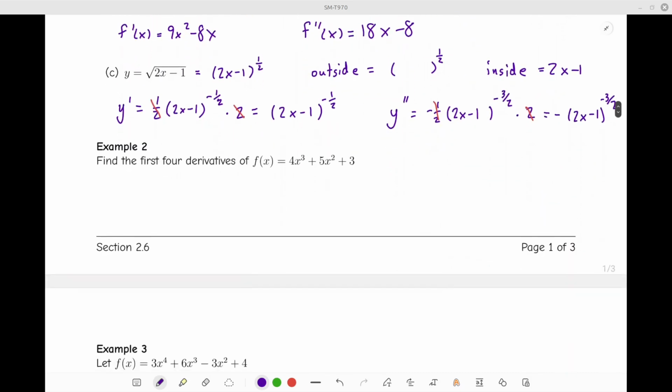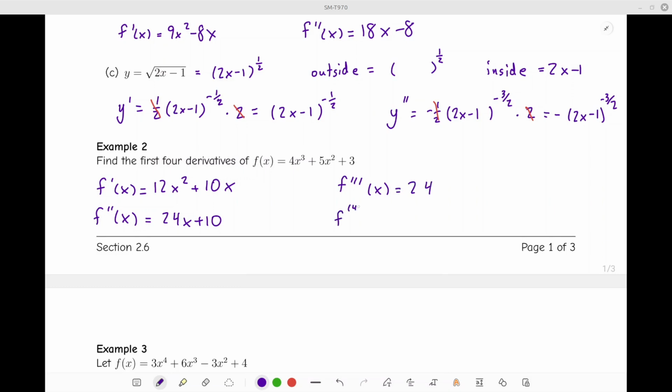Example 2, find the first four derivatives of f of x. So the first derivative would equal 12x squared plus 10x. The second derivative would equal 24x plus 10. The third derivative would equal 24.